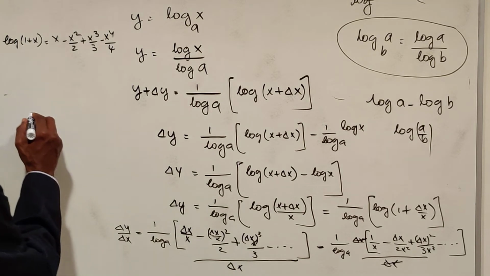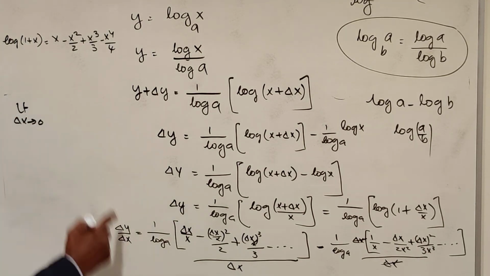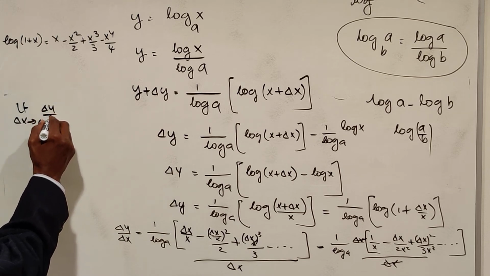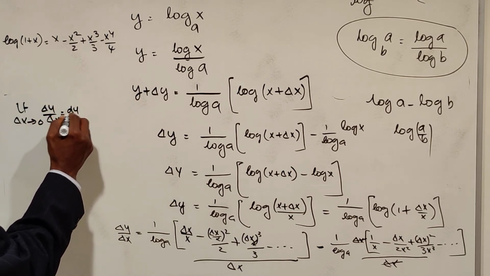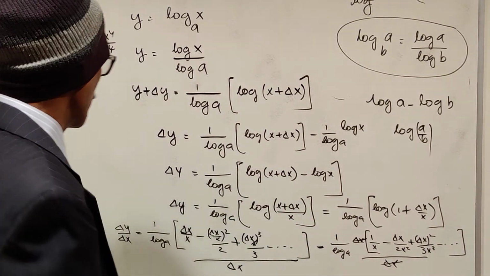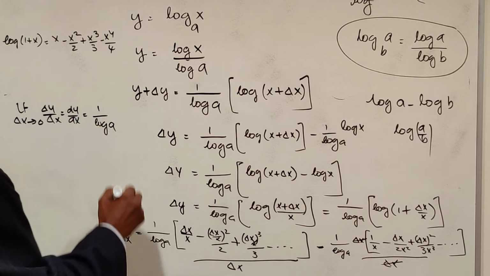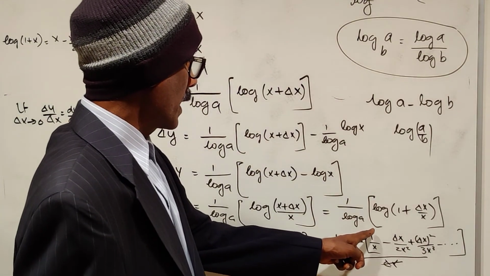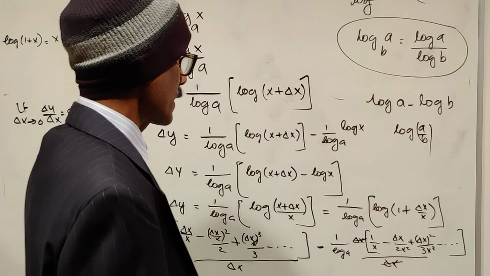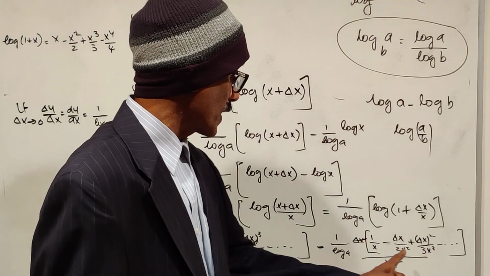Next, dy by dx is the limit as delta x tends to 0 of delta y by delta x. That's what we want to find out. Equals 1 by log a into 1 by x. All the other terms become 0 because delta x is 0.